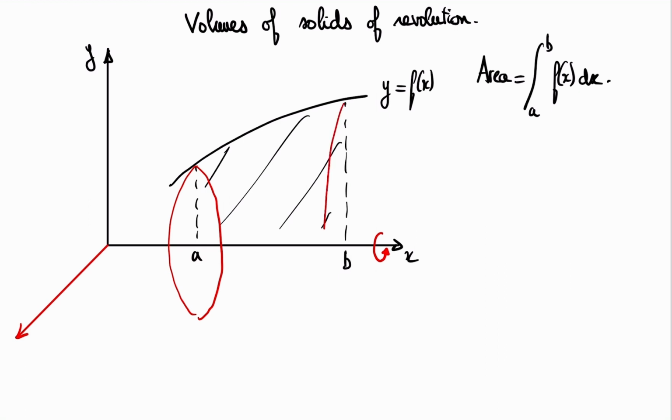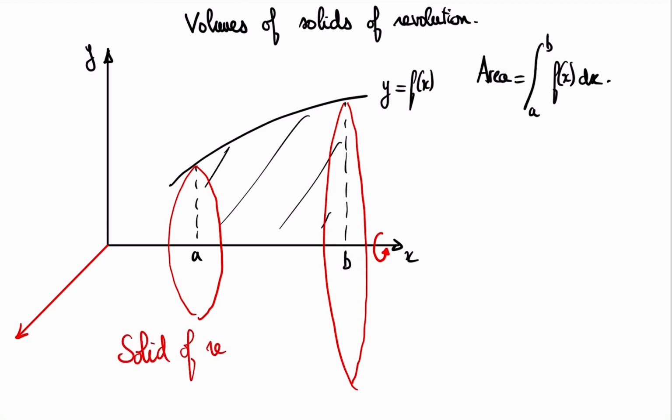That's going to make a solid, which is called a solid of revolution, because we have turned 360 degrees. So it looks like this.